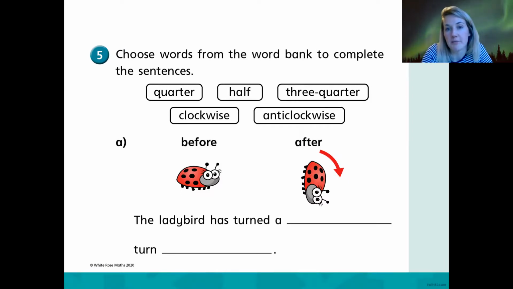Choose words from the word bank to complete these sentences. Okay, look, the ladybird has turned. Let's draw the ladybird to help us.